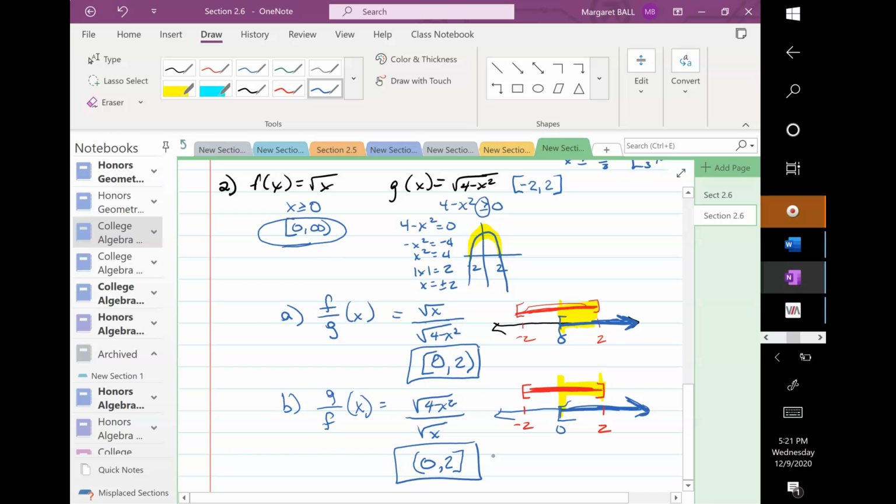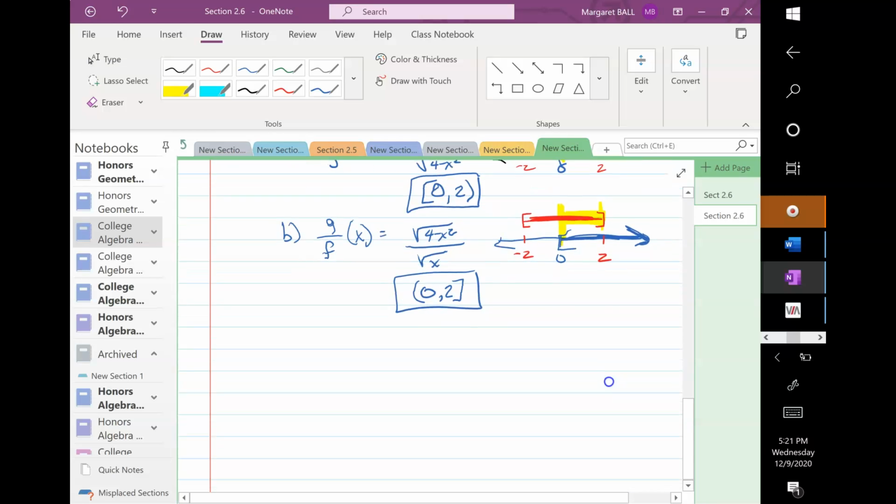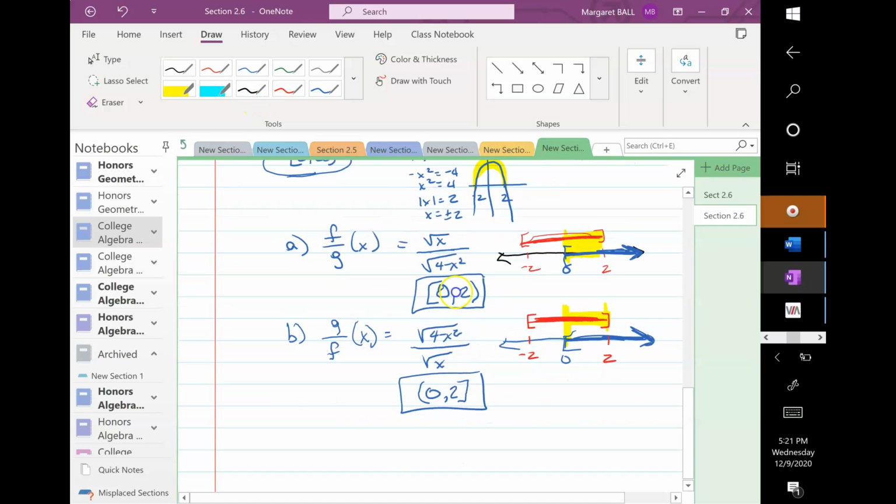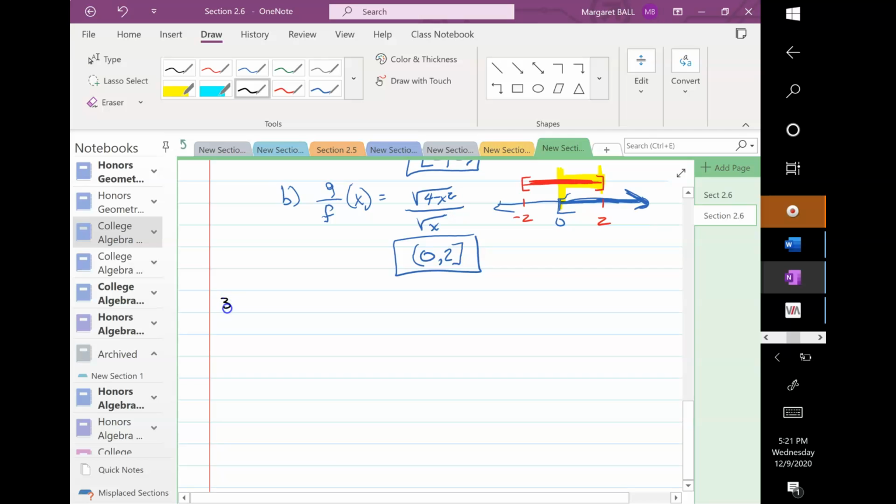Okay, let's see. The next thing I want to talk to you about is in your homework, you're going to see problems like this. Let's see, this is number 3. Let's say that you have f of x is equal to x plus 4, and g of x is equal to x squared minus 3x plus 1.